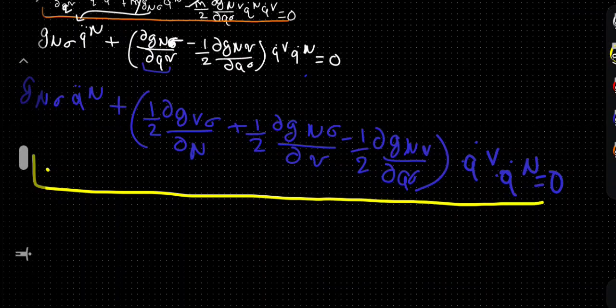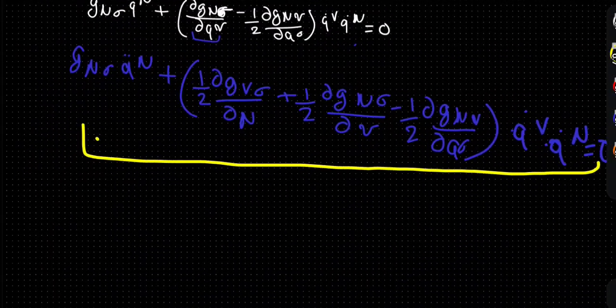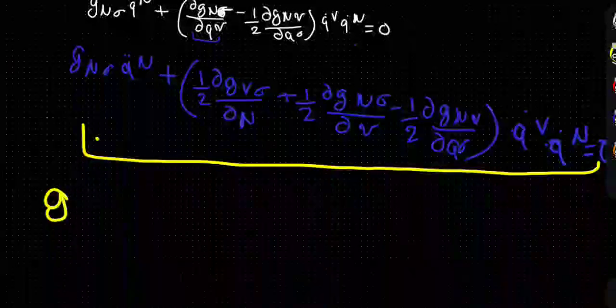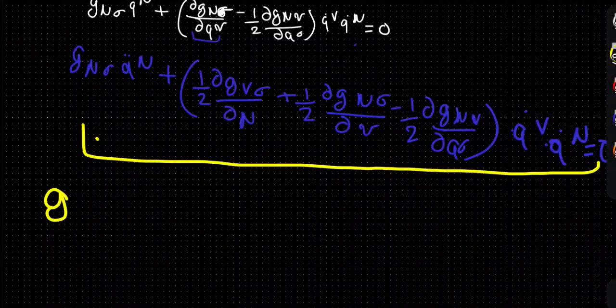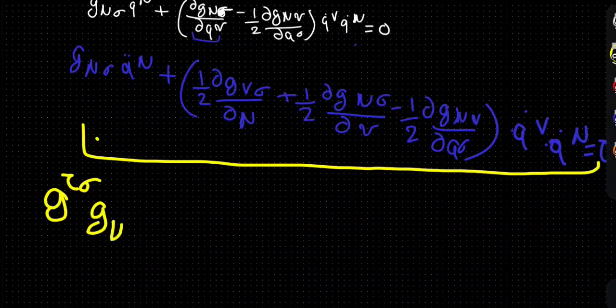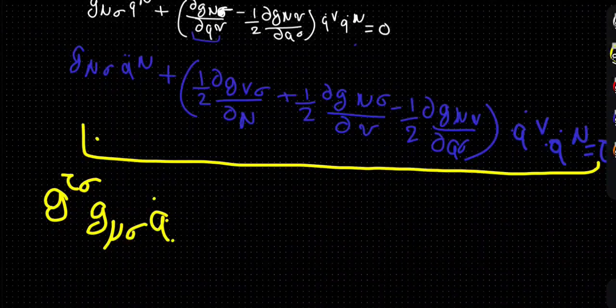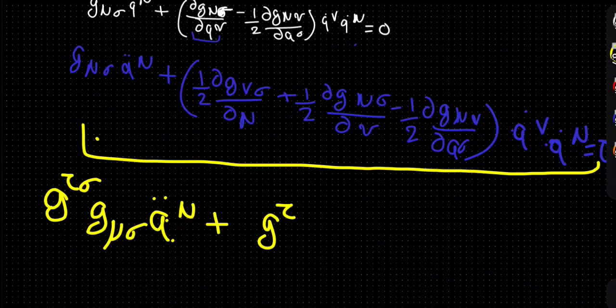Now we have to do some good mathematics. What I will do is multiply this with the symmetric metric tensor, and let's see what will happen. Multiplying with g, sigma and tau. So g tau sigma multiplied with g mu sigma q double dot mu plus g tau sigma, taking 1 by half as common.